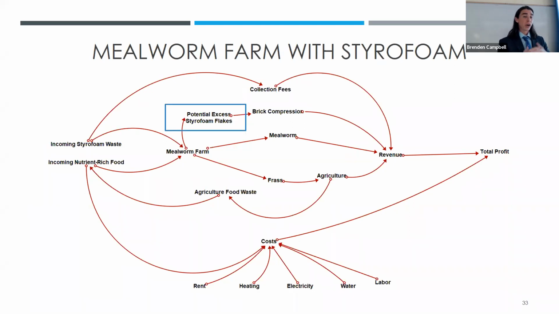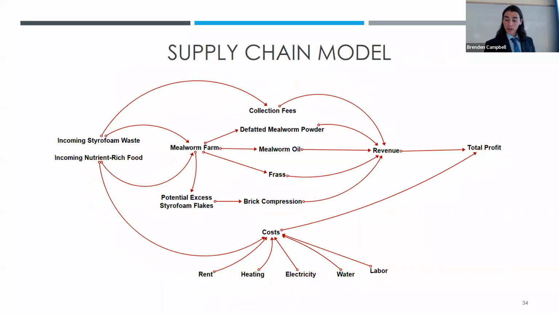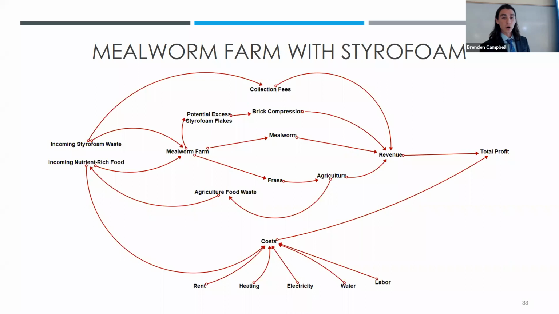This also brings up the potential excess styrofoam flakes or other excess contamination of styrofoam floating out of the farm system that can be contained and can then be compressed into bricks, which can then be sold for revenue.